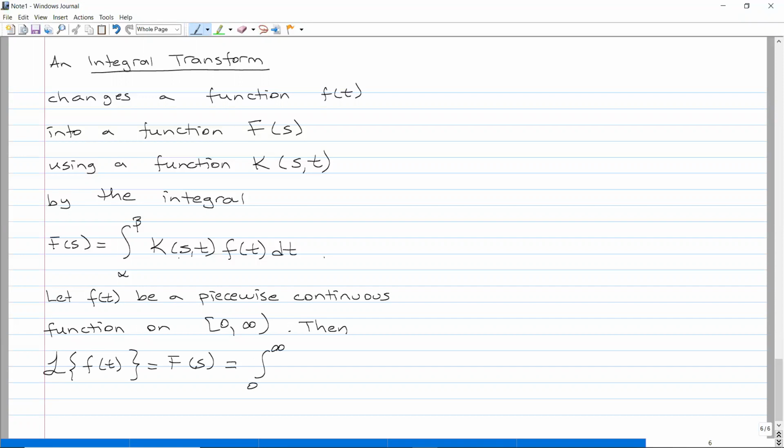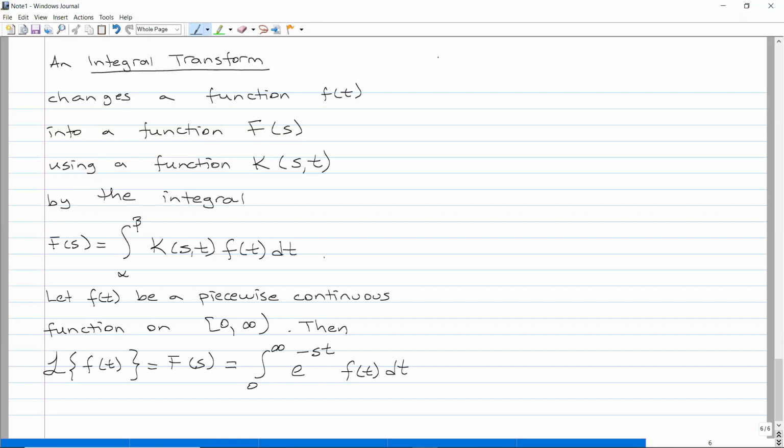You see, for the integral transform, I need a function of two variables. And for the Laplace transform, I use the function e to the power minus st multiplied by f and integrate.